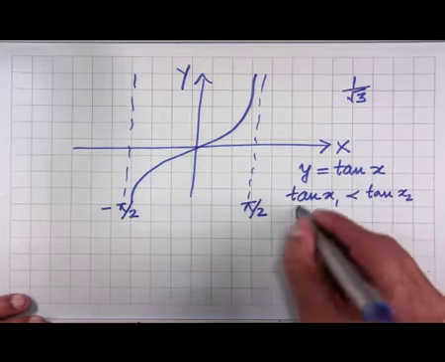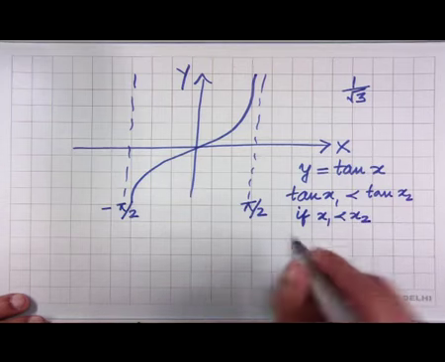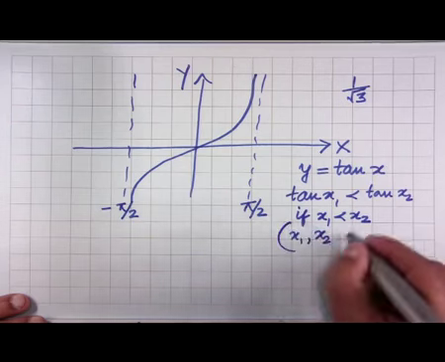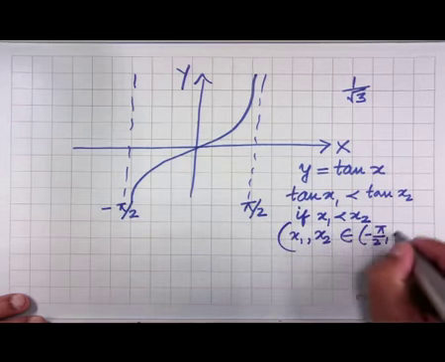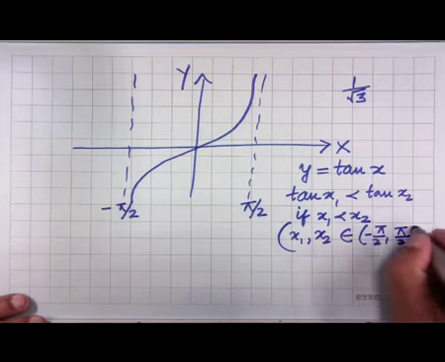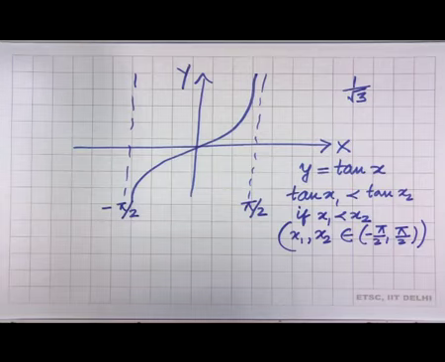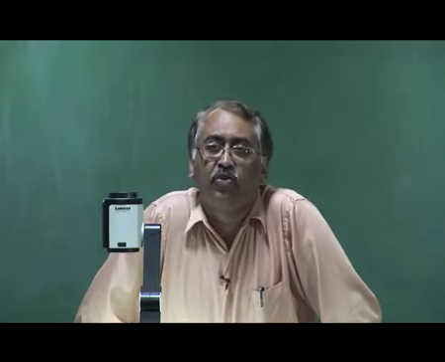I'm assuming that x1, x2 belong to the interval minus pi by 2 to plus pi by 2. So if I take any 2 points, x1 less than x2, tan of x1 will necessarily be less than tan of x2. That's the meaning of saying that the tangent function is increasing.